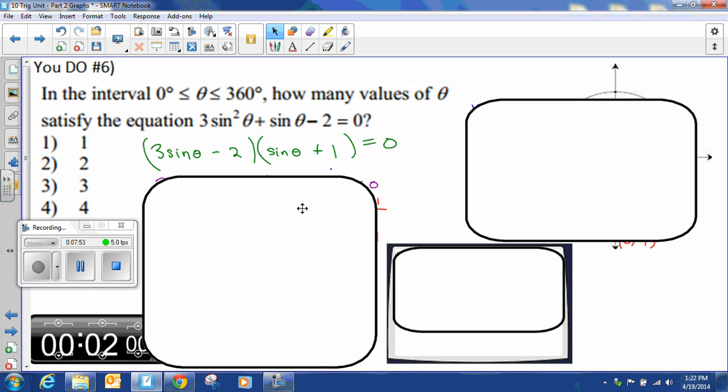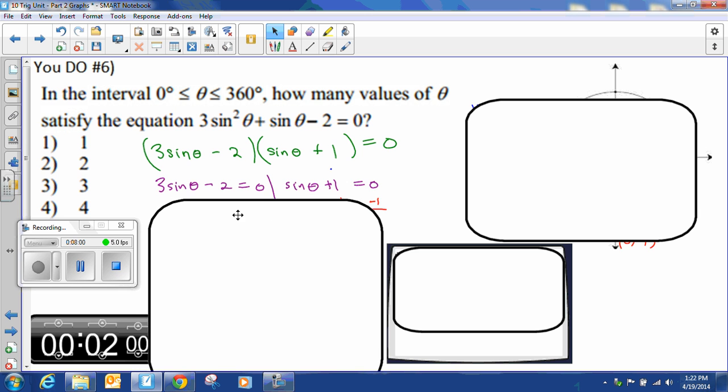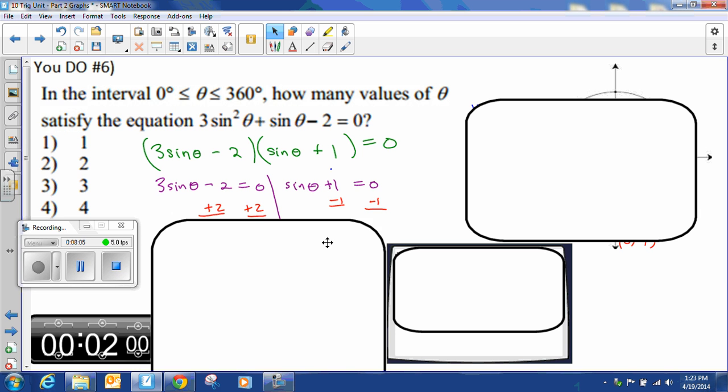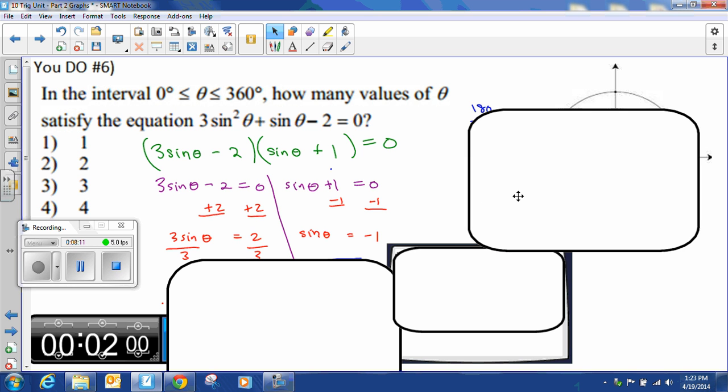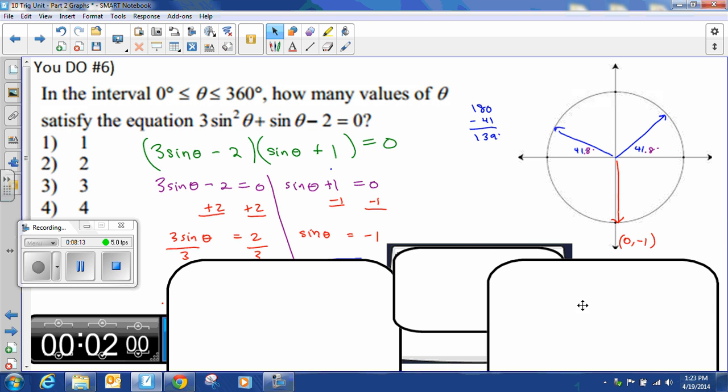We solve. We basically unfoil. We end up with 3 sine theta minus 2 equals 0. Sine theta plus 1 equals 0. And we end up with sine theta equals -1. We know that happens here at 270 degrees. And we know that sine of theta equals 2/3.